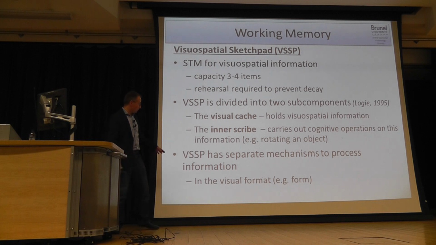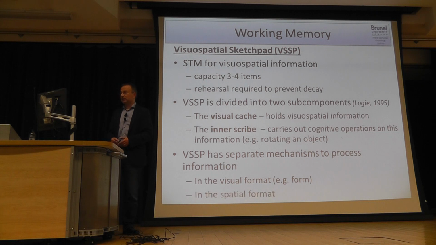Okay, and it has been shown that it's separate for the visual format, so for instance form, shape of objects, and the spatial format, like this Corsi block task, where we really have to remember a spatial layout or a path or something.